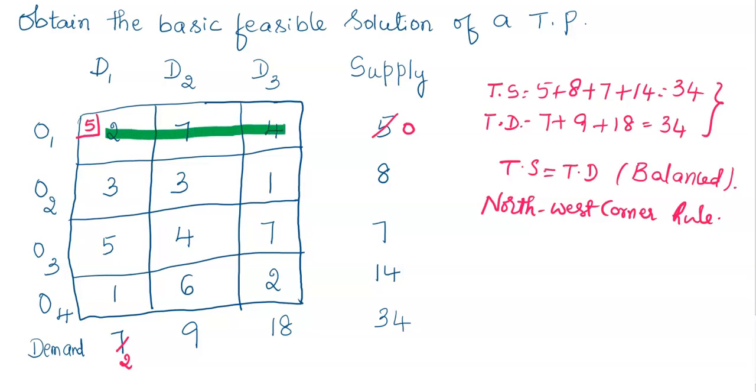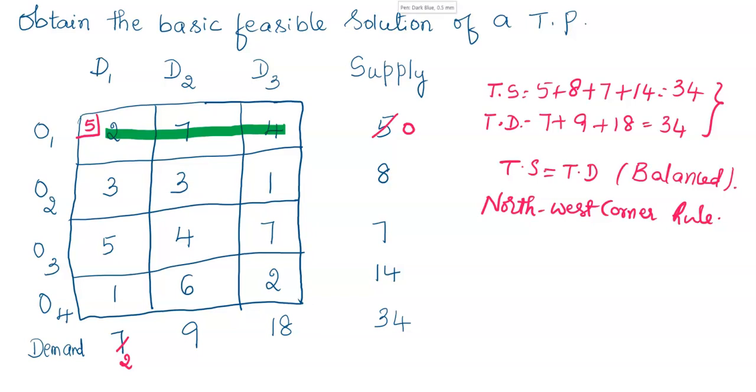Okay. The very next is the remaining cells, which is a northwest corner. From this matrix we can analyze that this cell comes to the northwest corner. So you have to observe this supply and also demand. The demand is lesser than the supply.